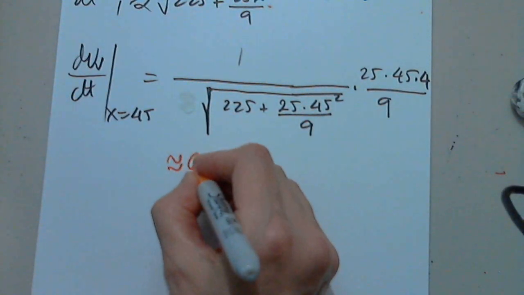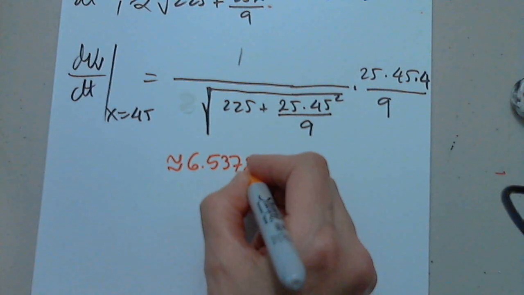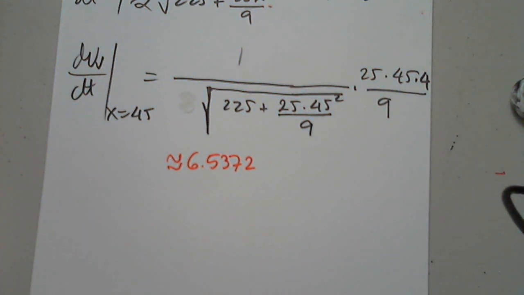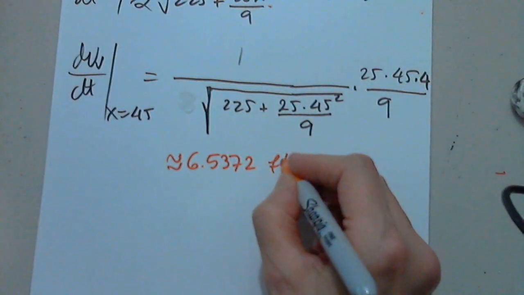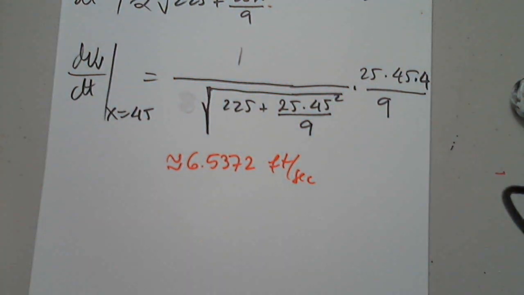So approximately 6.5372, and the measurement unit in feet per second. So they don't want any approximations, because otherwise they would have said that. Or maybe they do say it here. No, they don't.